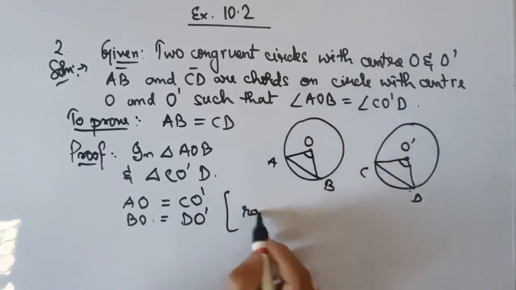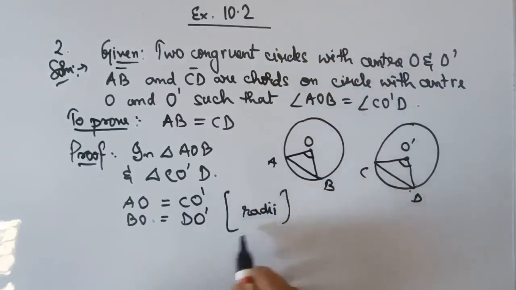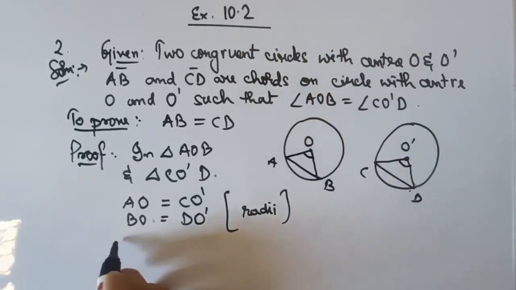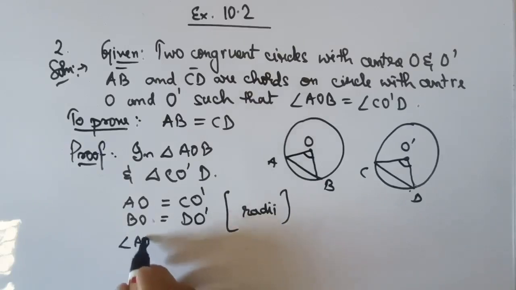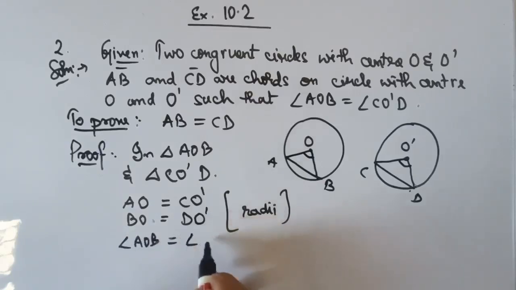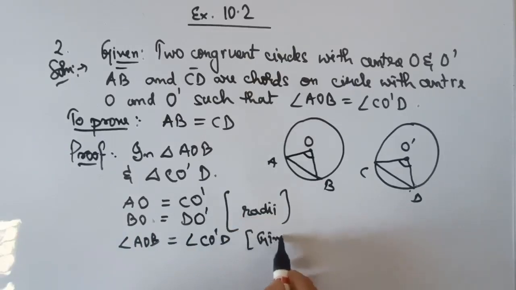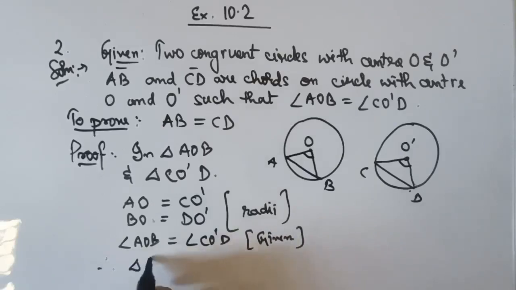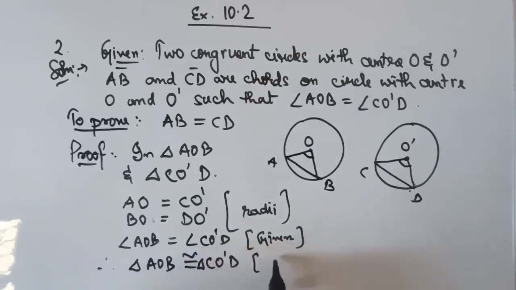They are the radii of the congruent circles, and angle AOB equals angle CO dash D. This is given. Therefore, triangle AOB is congruent to triangle CO dash D by the SAS congruence rule.